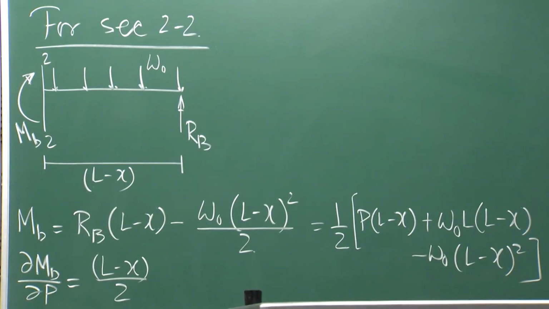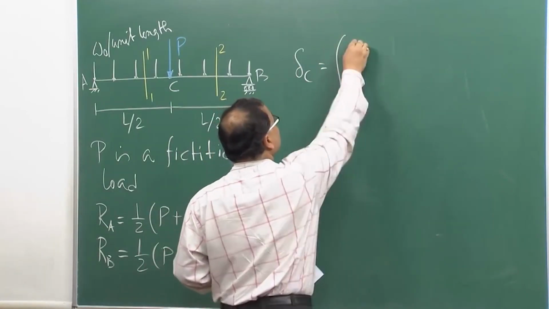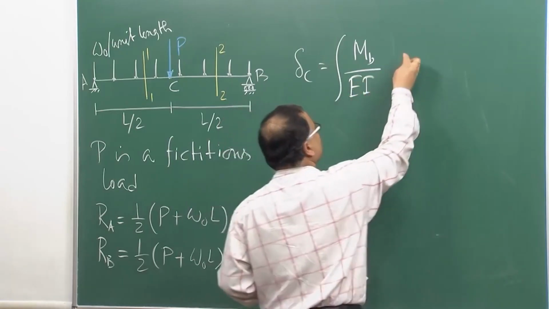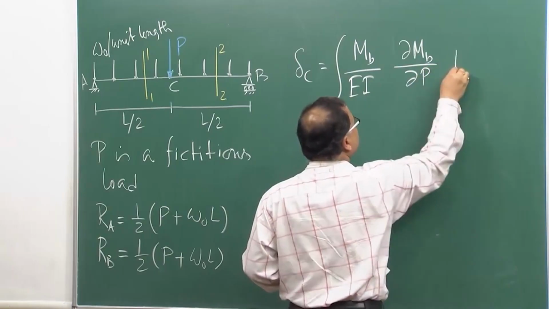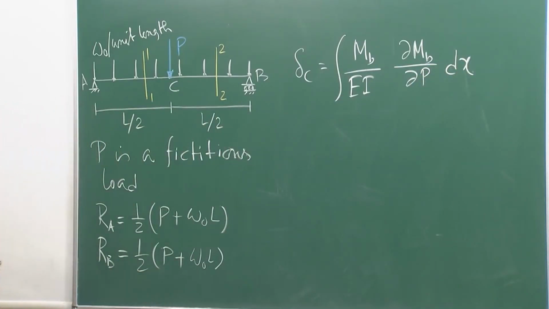Okay. So, now if I want to find out the deflection delta C, as per Castigliano's theorem, delta C is equal to integral of MB by EI into del MB del P dx, right.